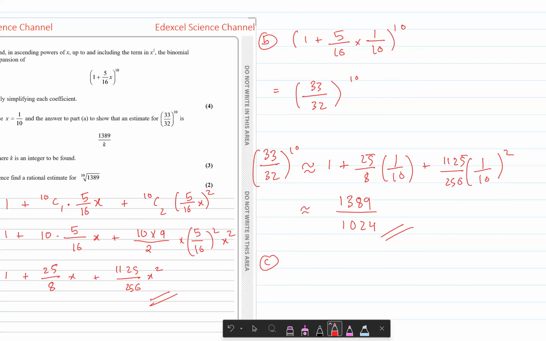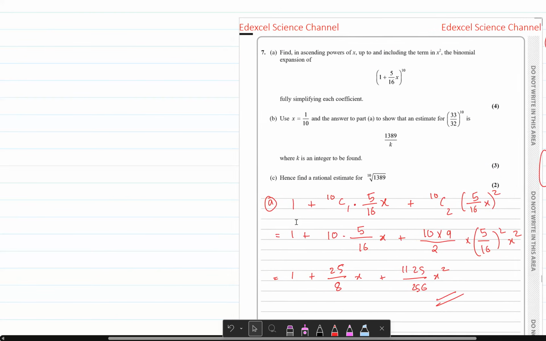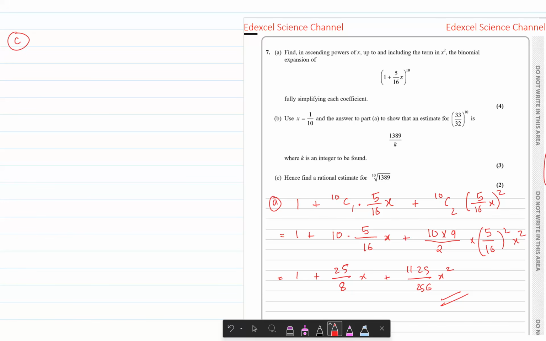Question number C. Okay, let's do question number C on this side actually. So hence, find a rational estimate for root of 10, 1389. Since they are using this word hence, that means I have to use number A and number B somehow.